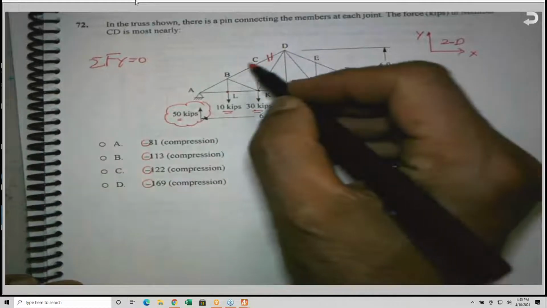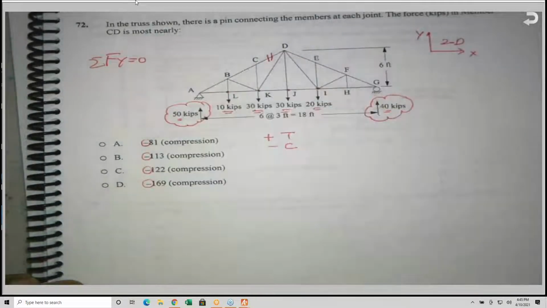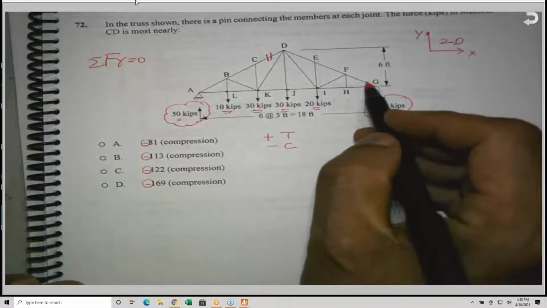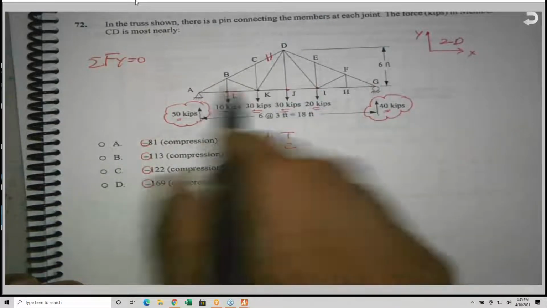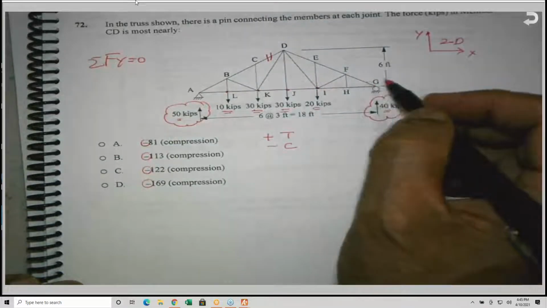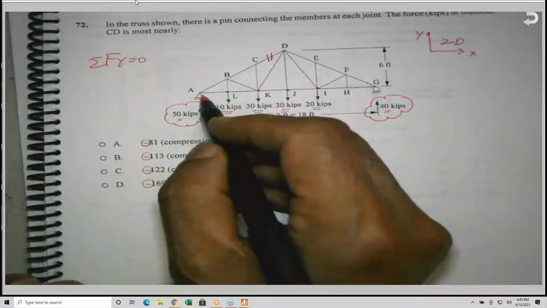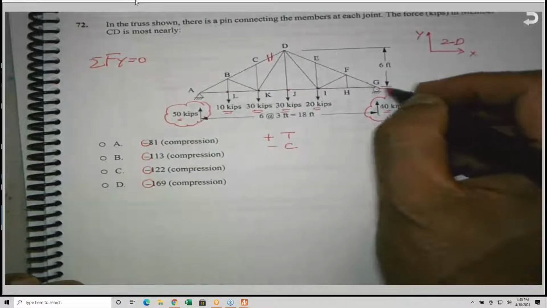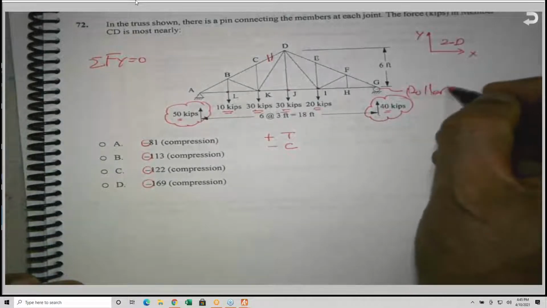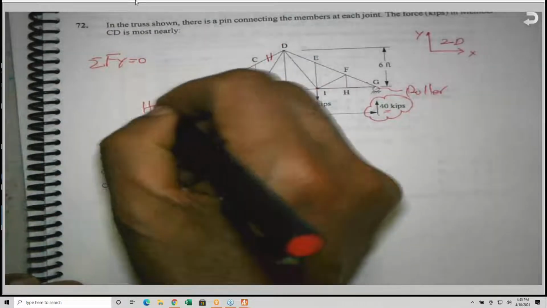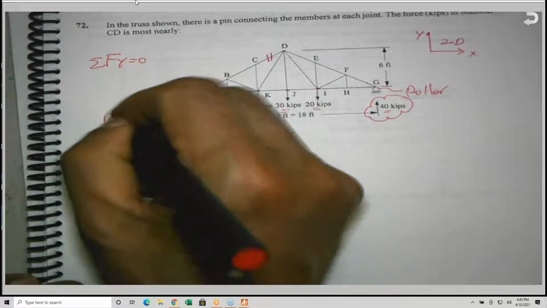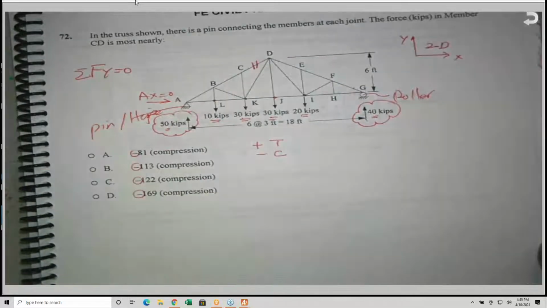So member CD is an interior member, not close to the end, as opposed to the members that are connected to the supports. Sometimes we call them end members or exterior members. But the members far away from this support or this support, as you can see, this support here is a roller support. This is a hinge or pin. And as you can see, A sub x is equal to 0. He did not show that because it is very obvious that A sub x is equal to 0.